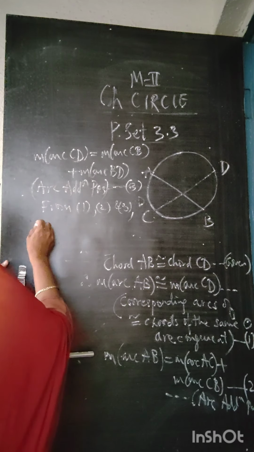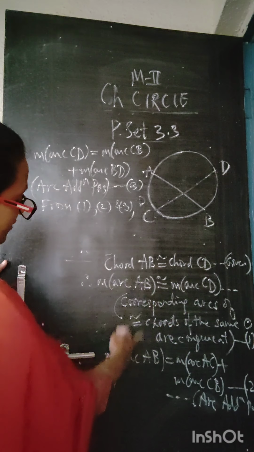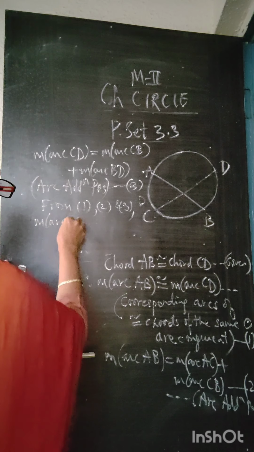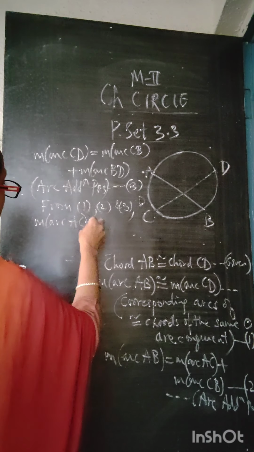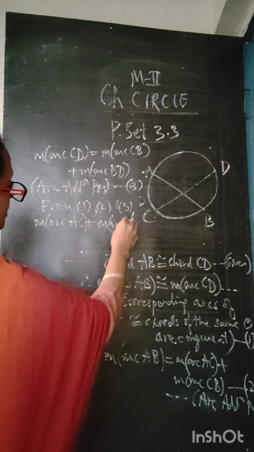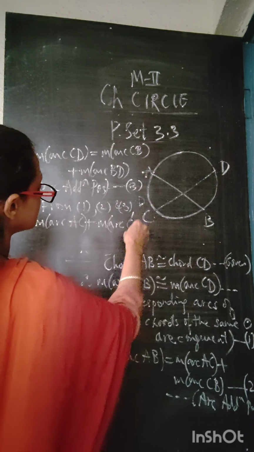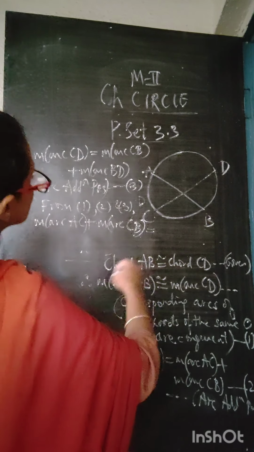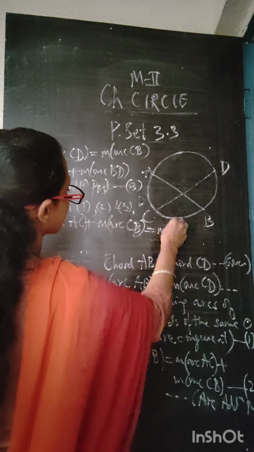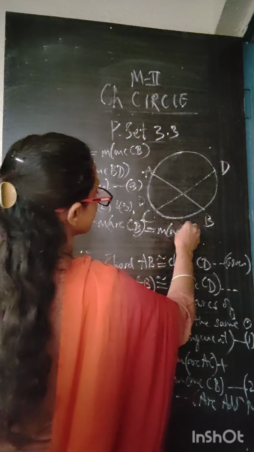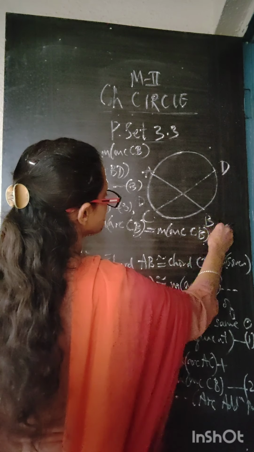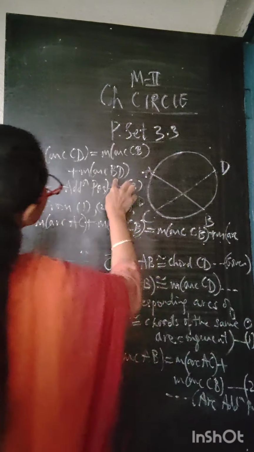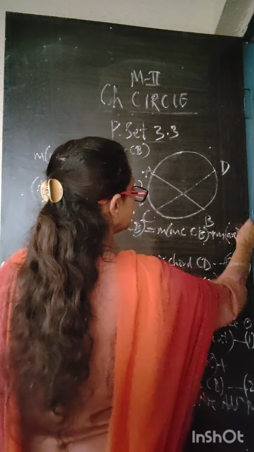So the left hand side is equal, therefore the right hand sides are equal: measure of arc AC plus measure of arc CB is equal to measure of arc CB plus measure of arc BD.